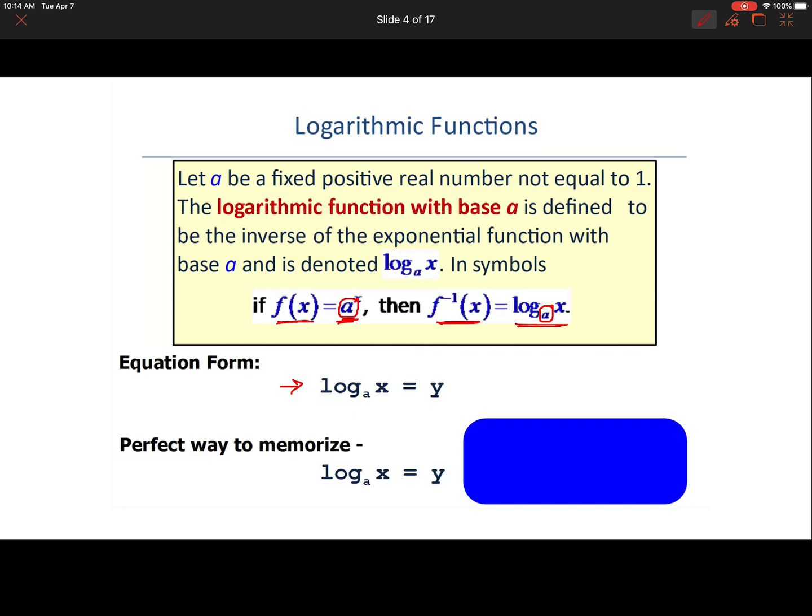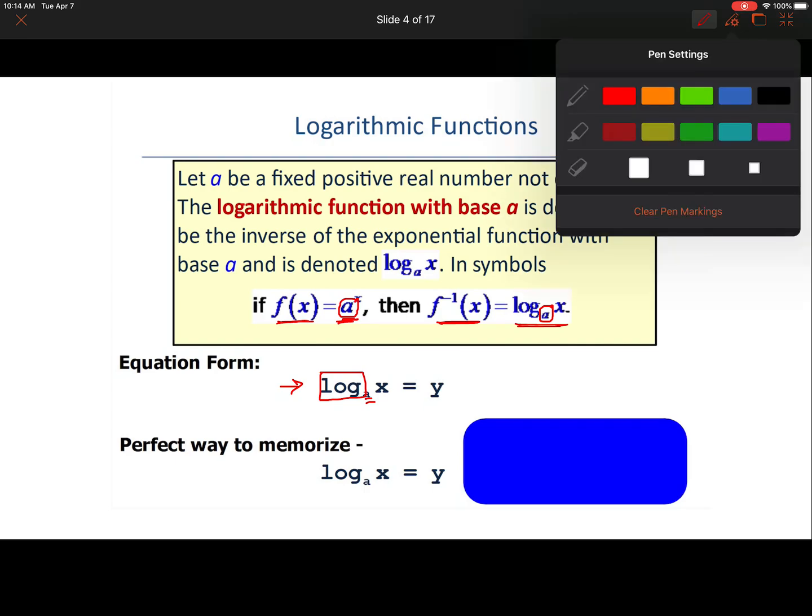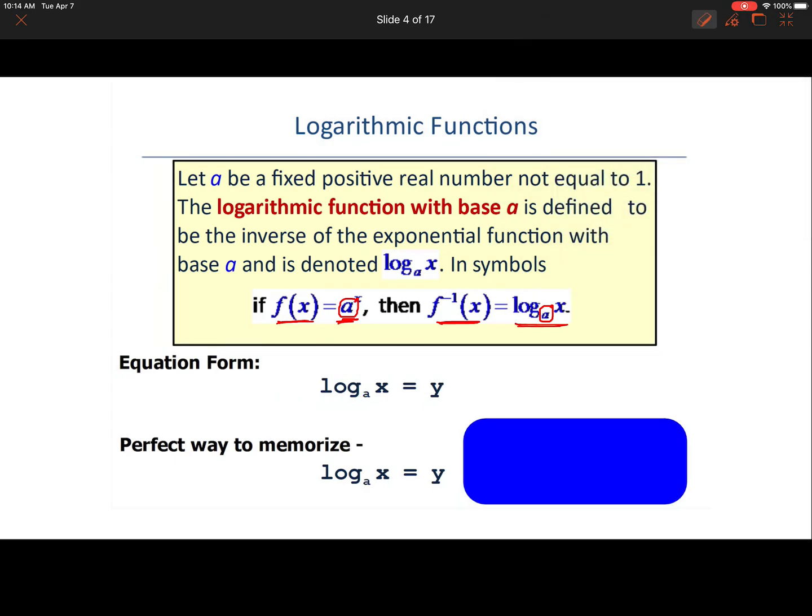If I want to undo a log that has a base a, I want to use an exponential with the exact same base a. So I'm going to raise the left side to the log base a of x: a to the power of log base a of x. Now I have an exponential with a logarithm inside of it.